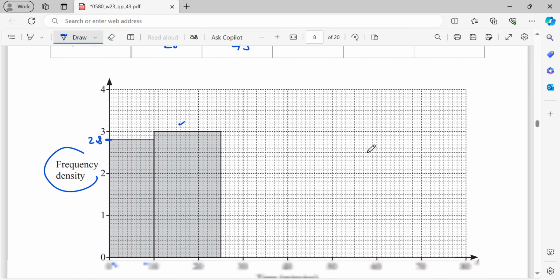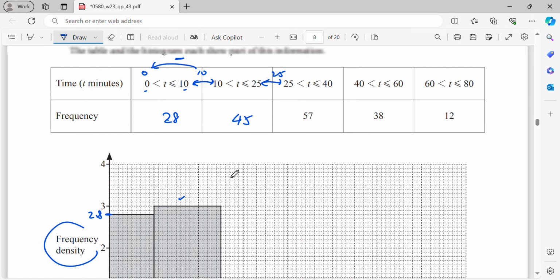Okay, and now for the histogram, you are given the first two blocks. Here I need to calculate the frequency density for the remaining 3. So here I will write frequency density. The class width here is 40 minus 25, which is 15. Then the class width here is 20, and this is also 20.